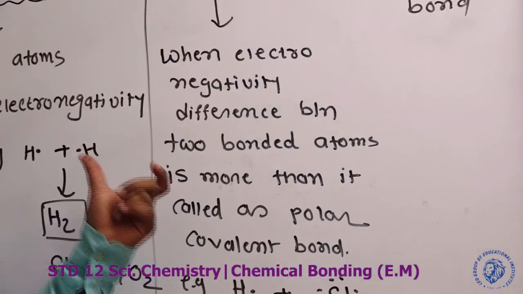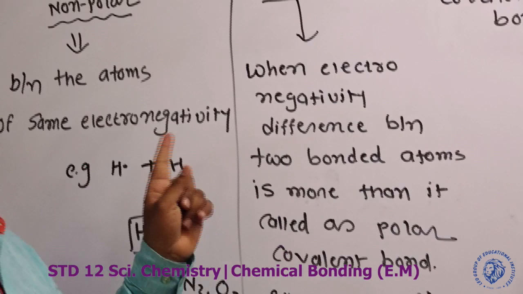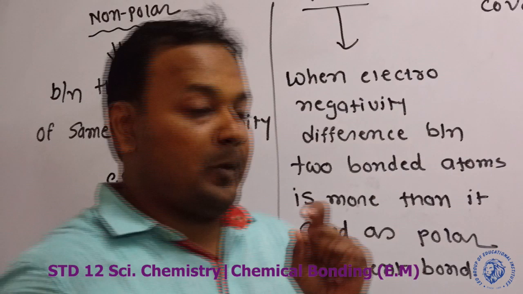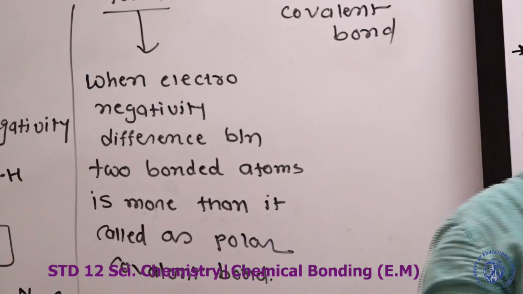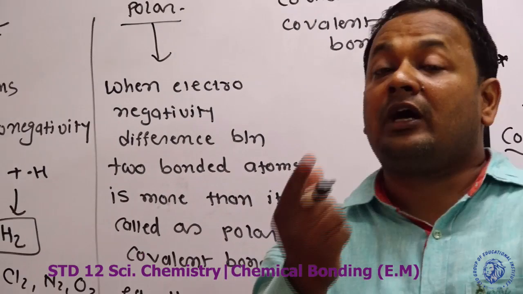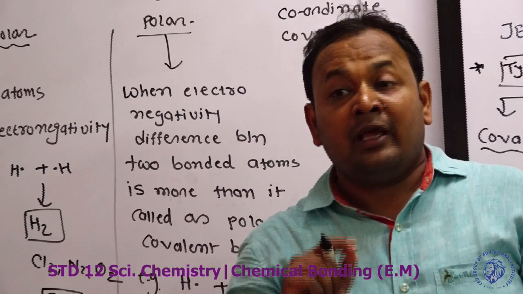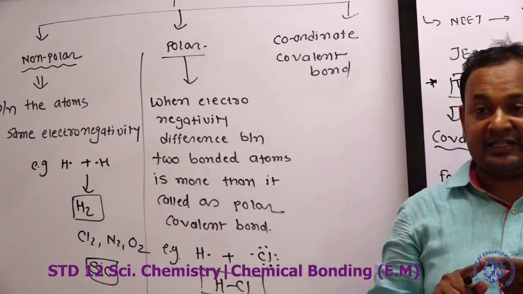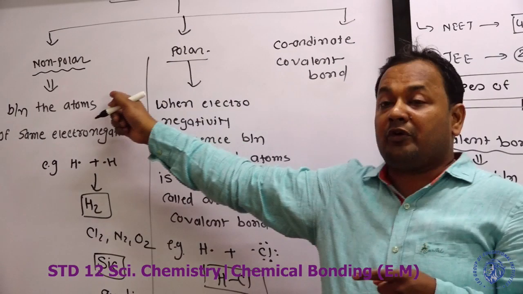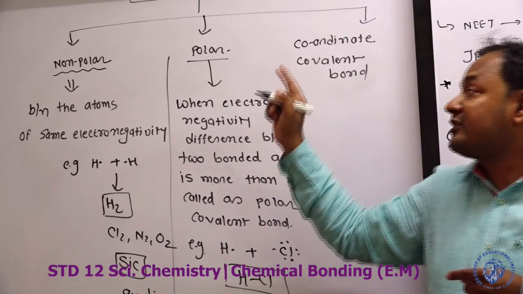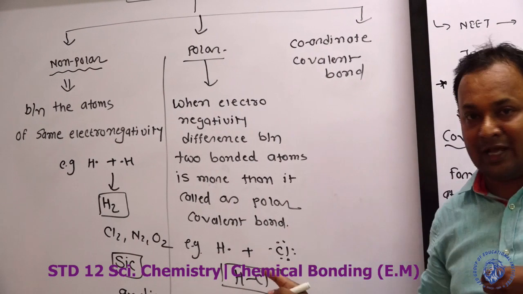Now, second important point: if you know whether a given compound is polar or non-polar, you can answer the solubility. We know that the solubility principle suggests that non-polar compound dissolves in a non-polar solvent, whereas polar compound can dissolve in a polar solvent.